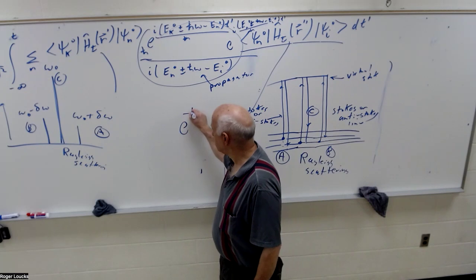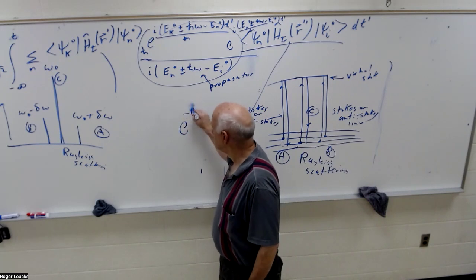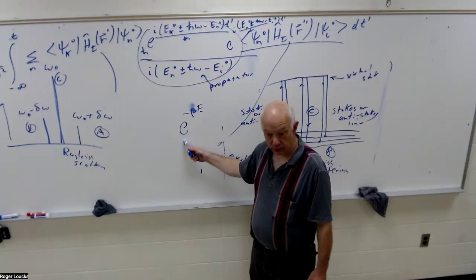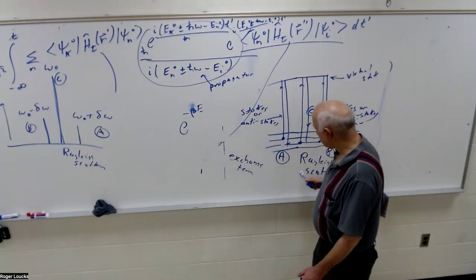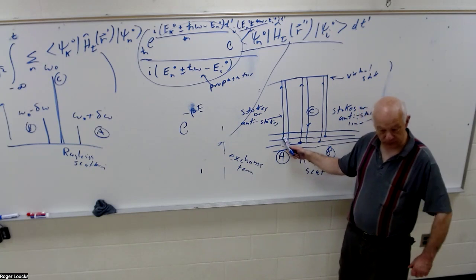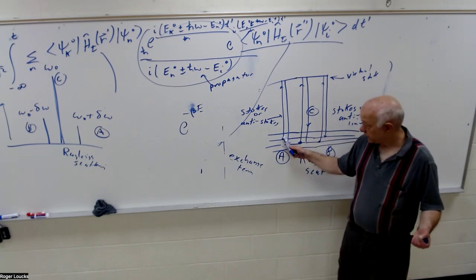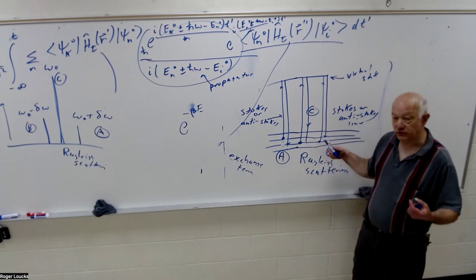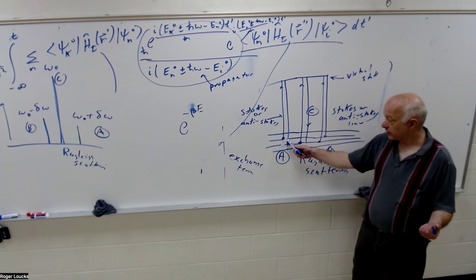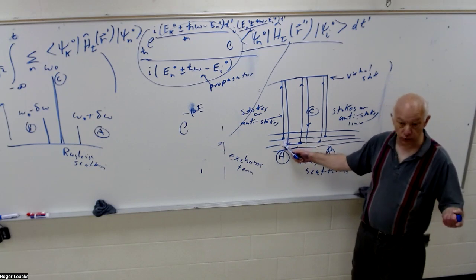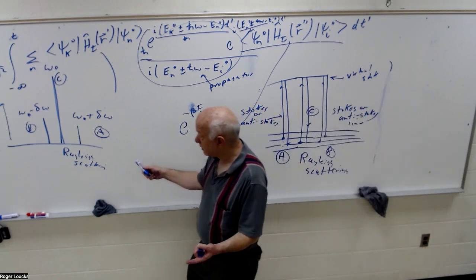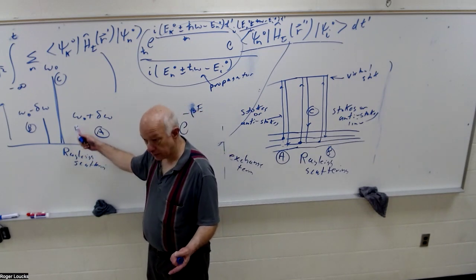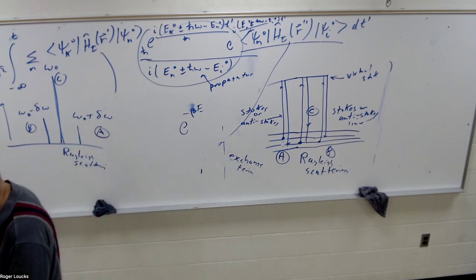Remember, you have the e to the minus beta E. As your energy increases, the probability of being in a state is lower. So what's going to happen here? If you start in an upper state, you're less likely to be there. If you start over here in a lower state, you're more likely to be there. So this transition occurs less frequently, and as a result, this one is lower. Does that make sense?